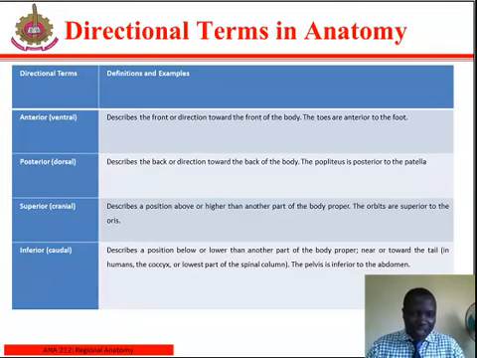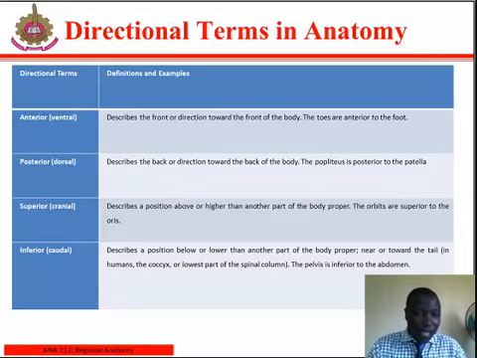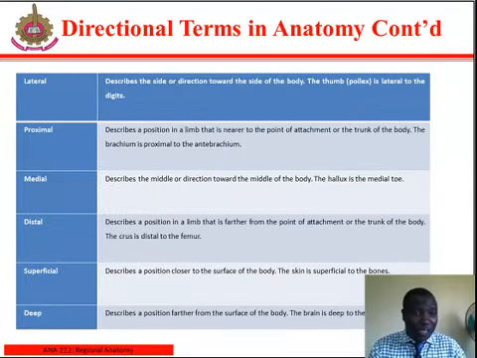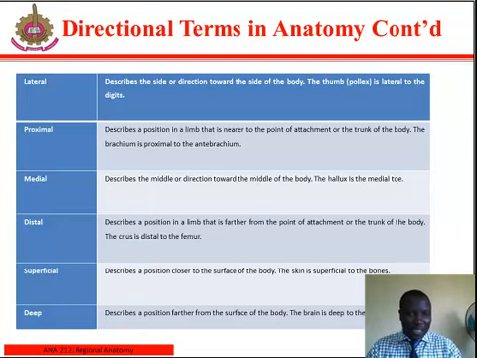Then we have the pelvis is inferior to the abdomen. Lateral, it describes the side or direction towards the side of the body. The tongue is lateral to the digit. Proximal, it describes a position in a limb that is near to the point of attachment or the trunk of the body. For example, the brachium is proximal to the antebrachium.